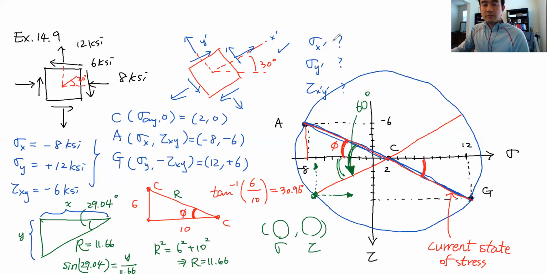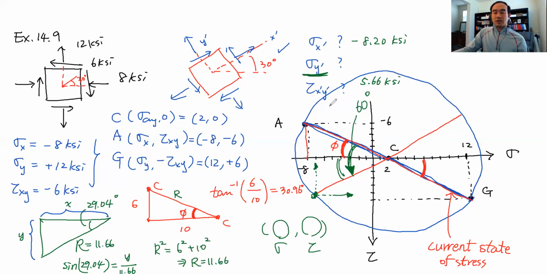So from there, sigma x prime will be equal to negative 8.20 in KSI. Tau x prime y prime, which is this y value directly, is 5.66 in KSI. How can we find out sigma y prime?